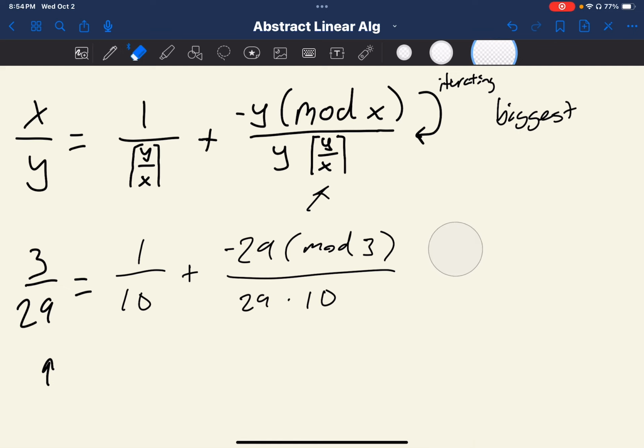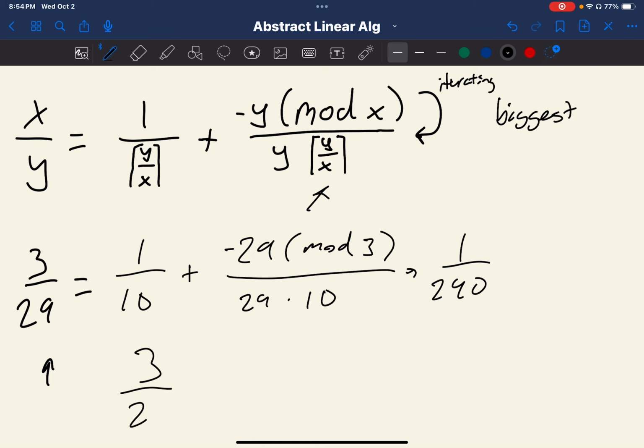And if I keep going, eventually if I add 10 3s, I'll get 1, which is really handy because what I want is 1 as my numerator for a unit fraction, right? So 1 over 290. And that means we can rewrite 3/29. And thanks to the greedy algorithm, we know that equals 1/10 plus 1 over 290.